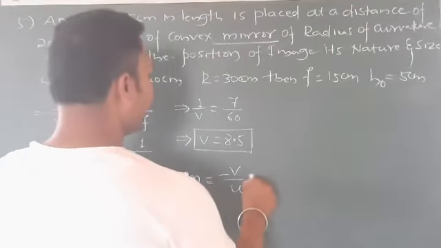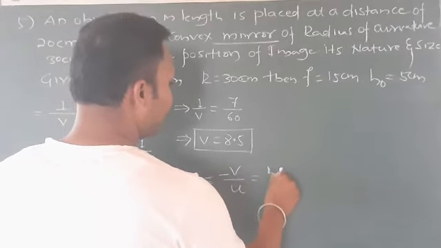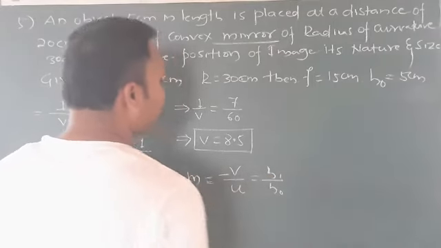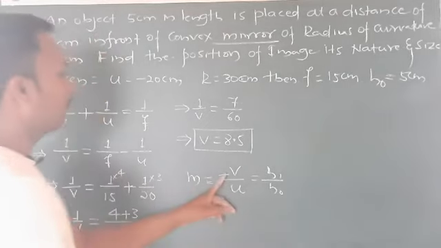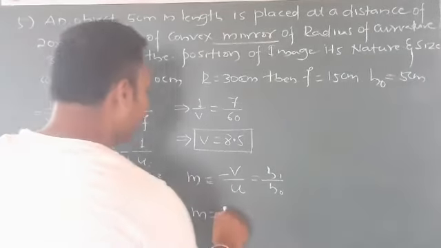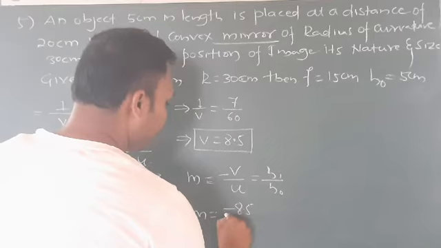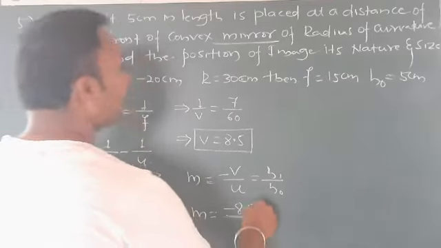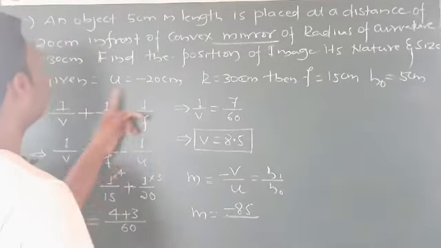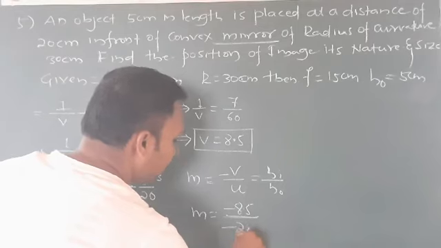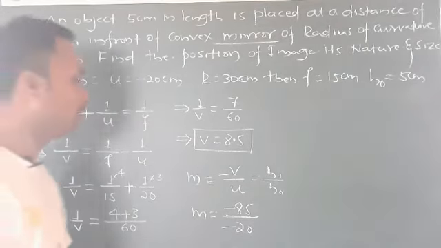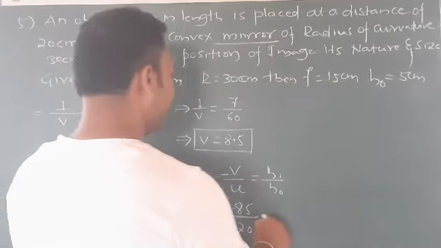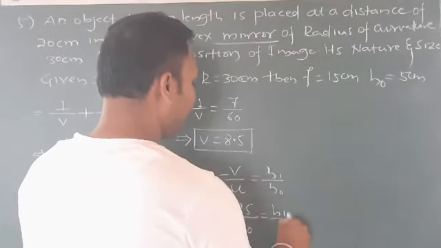So now this equal to HI by HO. Now m is equal to minus v, so minus 8.5 by, again u is how much we have? Minus 20. Now once we have this, I'll keep this HI by HO, and HO is 5 here.